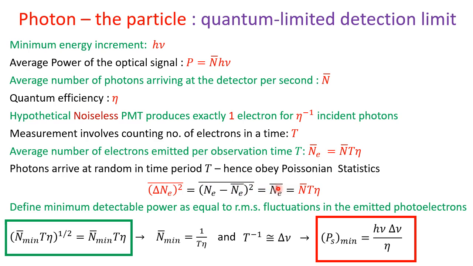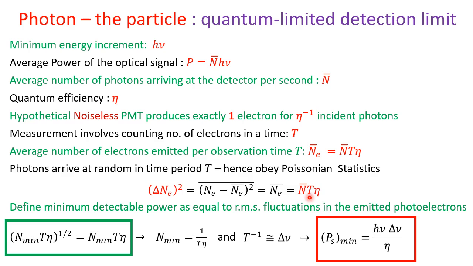This happens to be simply proportional to the average number of electrons itself, which by the way is simply n bar, the input flux of photons, times t, the time duration within which the influx happens, and eta being my quantum efficiency.